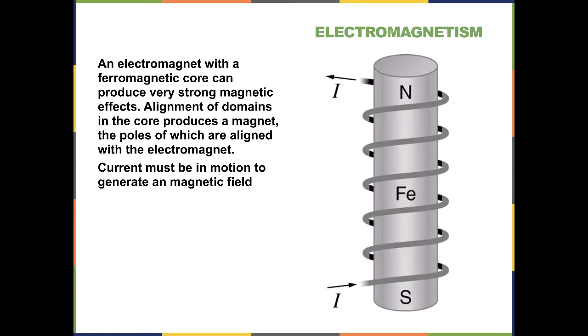This happens because the electrical current causes the alignments of the domains within the core, and the poles are aligned with the electromagnet. The current must be in motion to generate an electromagnetic field. Motion has to be present for an electromagnetic field to occur.